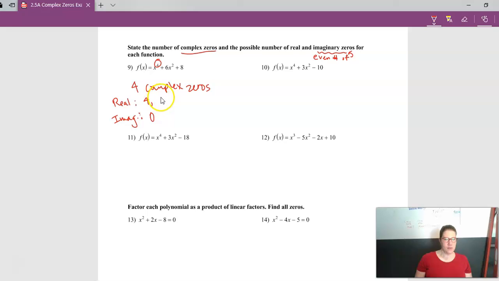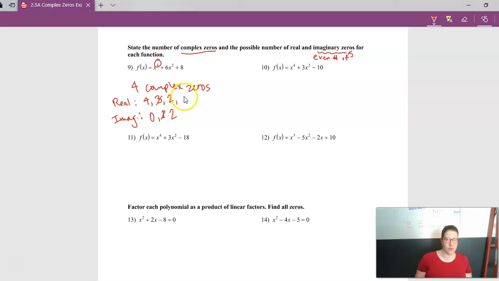If I had 3 real solutions, that means there would have to be 1 imaginary. But imaginary solutions always come in pairs. You can't have an odd number of imaginary solutions. So we can't have 3 real because we can't have 1 imaginary. We could have 2 real and 2 imaginary because, again, 2 is an even number and those imaginary ones have to be even.